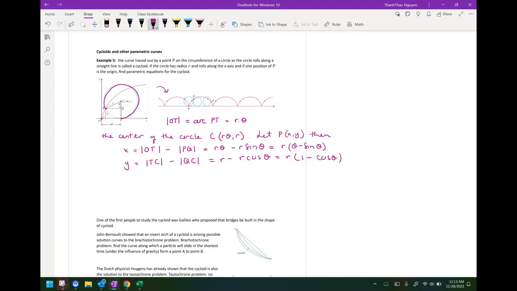Now we were told that the radius of the circle is A. So by this formula, we can rewrite this: x is equal to A times theta, or since we want to use the parametric variable t, we change this to A times t minus sine t, and y equals A times 1 minus cosine t. So that is the parametric equation of the cycloid.